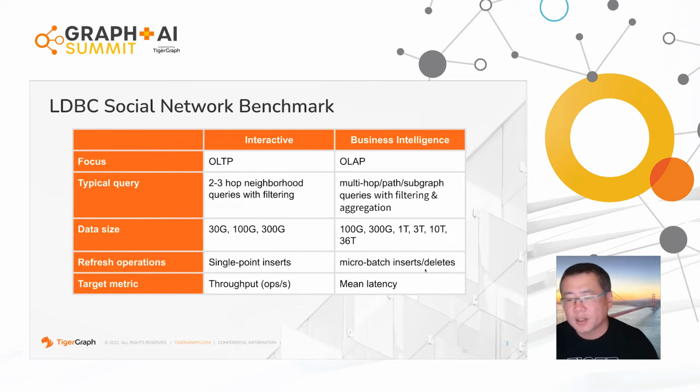Some of the deletion is cascading, so if you delete a vertex, the connected edges and vertices are also deleted. For the interactive workload, the target benchmark metric is throughput, measuring how many queries you can answer within 1 second. For the business intelligence workload, the targeted metric is the mean latency of the 20 BI queries.